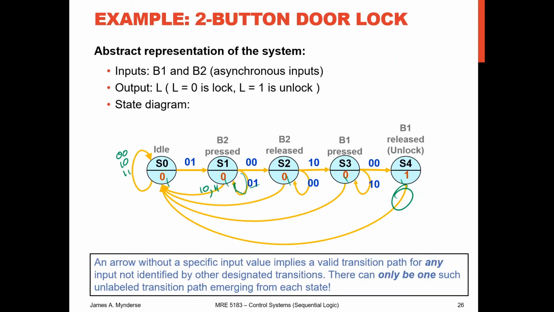So if you had, let's say you could not physically press the two buttons at the same time, so the 1-1 case was excluded. Well, if I write it in as an arrow with nothing else, then the 1-1 case is implied to be in that arrow, and so if somehow it breaks in the 1-1 case there, it goes through. So there's a lot of potential for debugging problems when you start doing the arrows without writing in everything else.